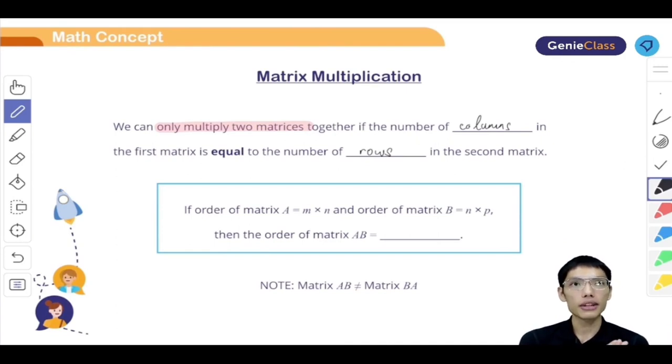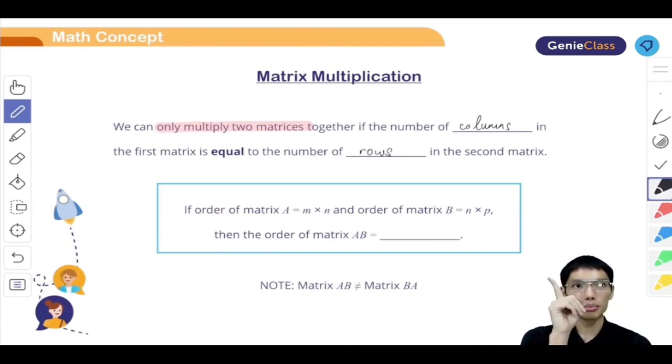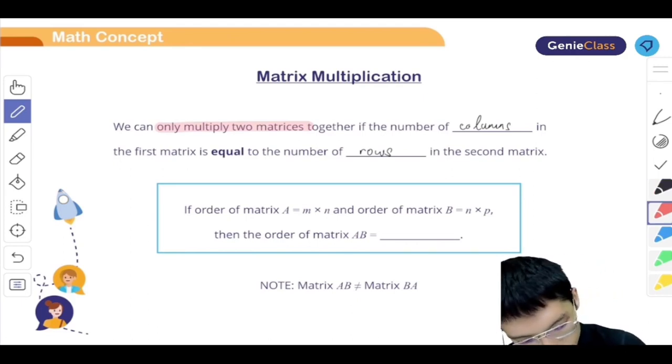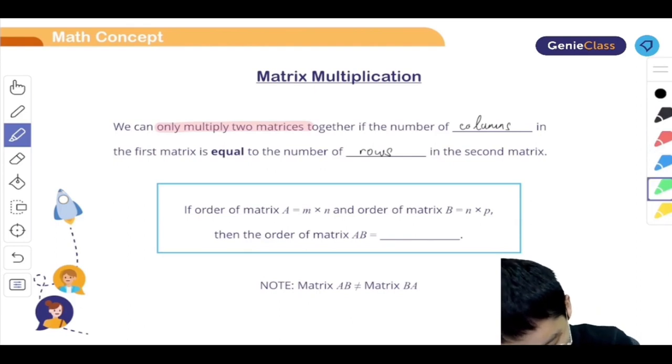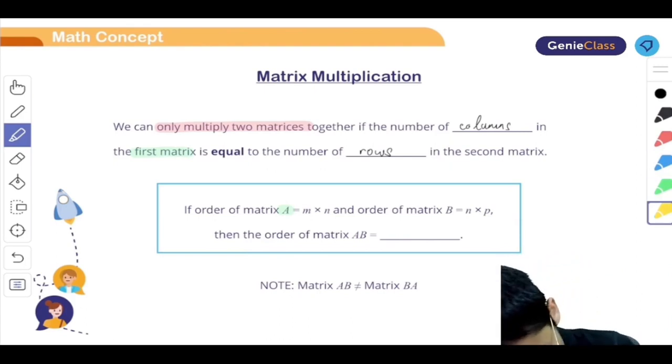To identify what is meant by the first, in terms of the blue box over here, the first matrix I'm referring to is the one in green, and the second matrix is the one in yellow. So the order has to be A, B.